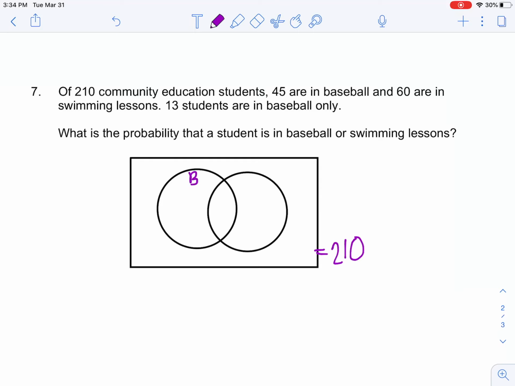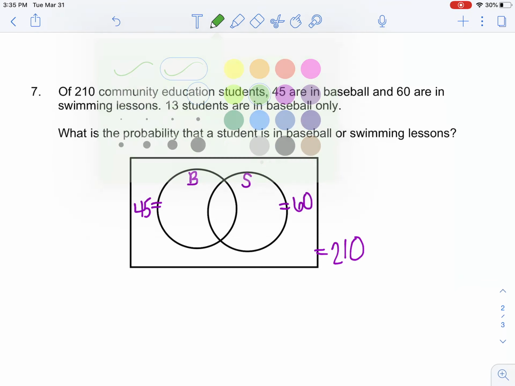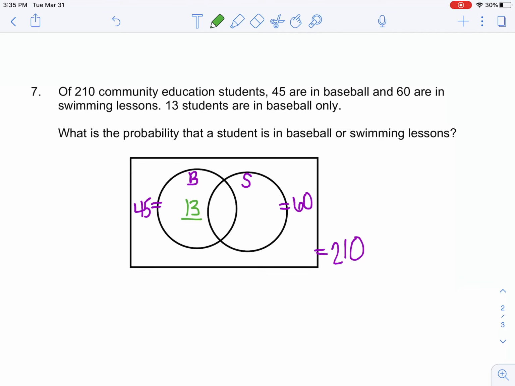So we have 45 in baseball. We have 60 in swimming lessons. 13 students are in baseball only. So that means that should go in our baseball circle, not overlapping with the swimming. So 13 right here.